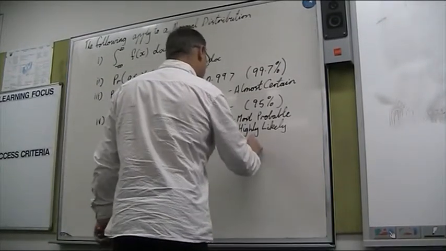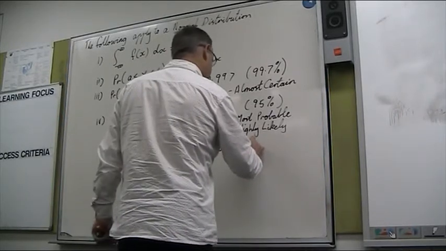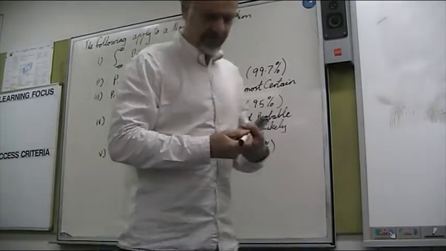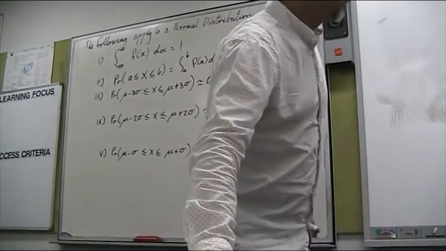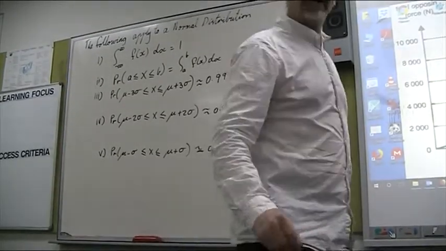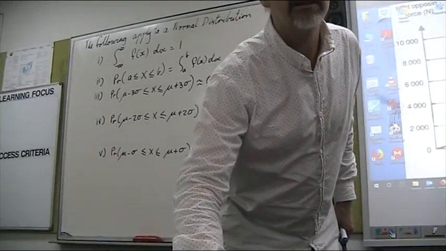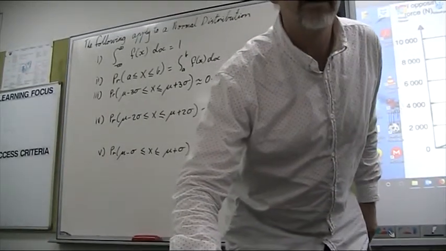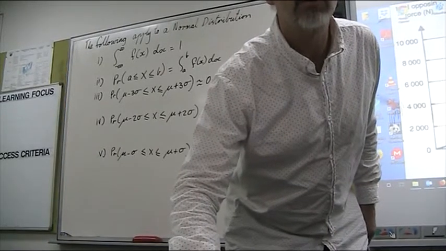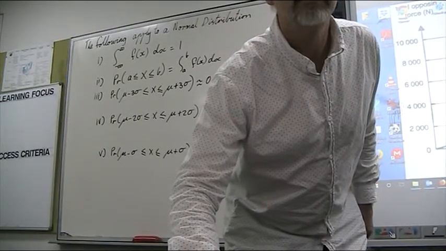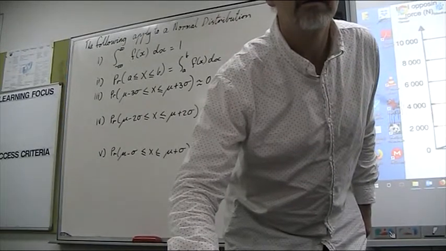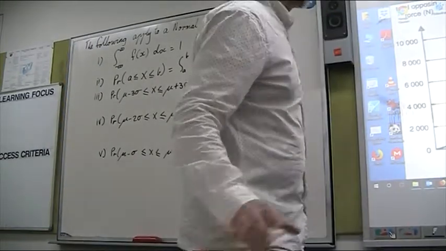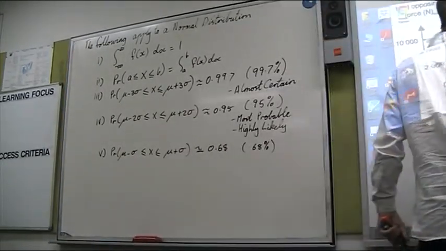All right, so between 1 standard deviation either side, about 68% of the stuff fits into that. So if we have a look at, oh, there it is, back on again. All right, so really this is our standard one.